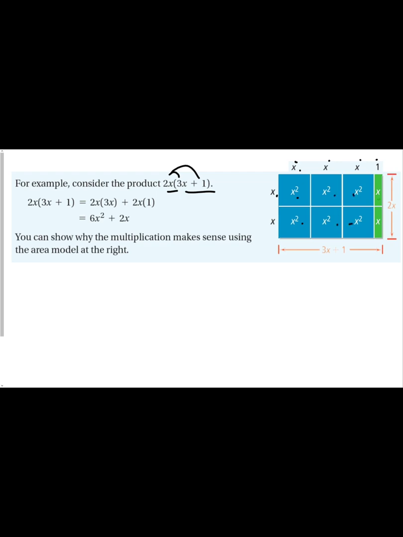And then 1 times x gives me x. So you can see if I count all these, I have 6x squared and 2x, just like I have in my distributive. Easier to just multiply than to draw a big drawing like this, but I think the drawing helps to visualize exactly what's going on when we're multiplying one polynomial by another.